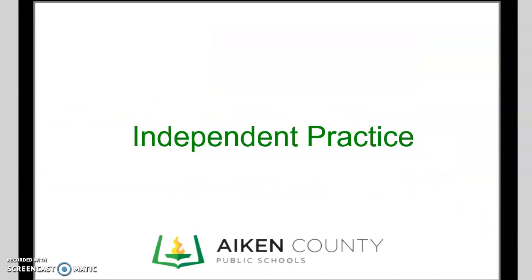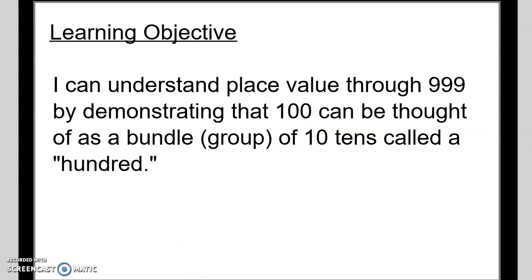Moving forward to review, before we get to independent practice, let me jump back. So today, we took a quick look at understanding place value through 999 by demonstrating that 100 can be thought of as a bundle or a group of 10 tens called 100.